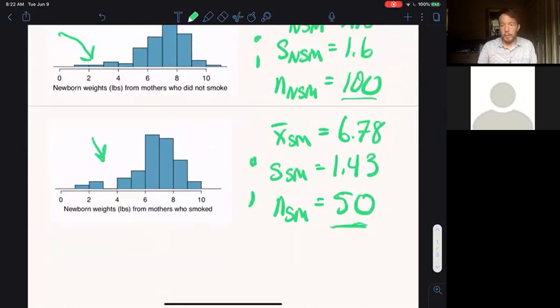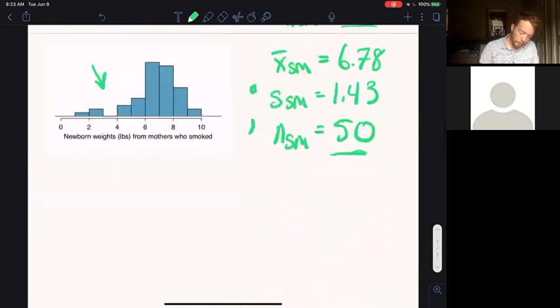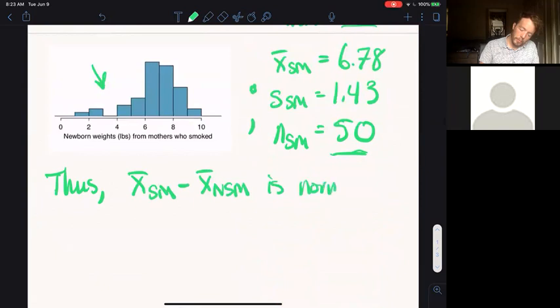But we still have a big enough sample size to apply the central limit theorem. 50 does certainly represent less than or equal to 10% of the total population of infants whose mothers smoke, and this sample was done via a simple random sample. So we have a large enough sample size, enough of a sample to make up for any skew, and we have the independence assumption. With all these things, we can assume that X bar smoke is also normal, and thus X bar smoke minus X bar non-smoke is normally distributed.